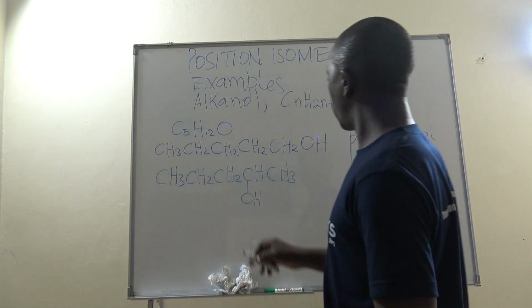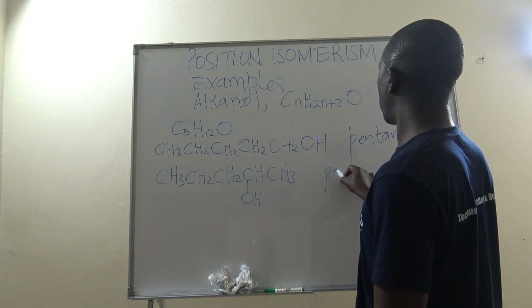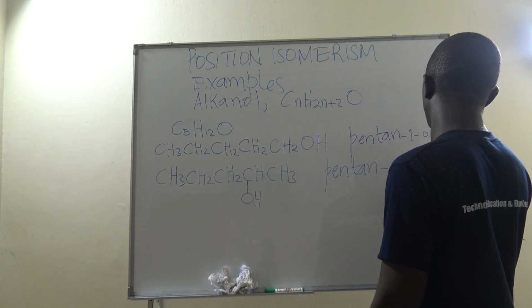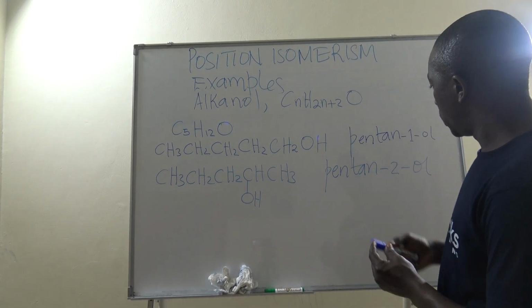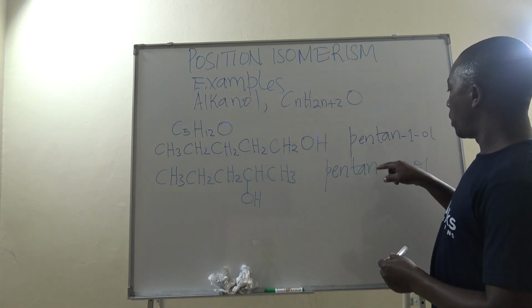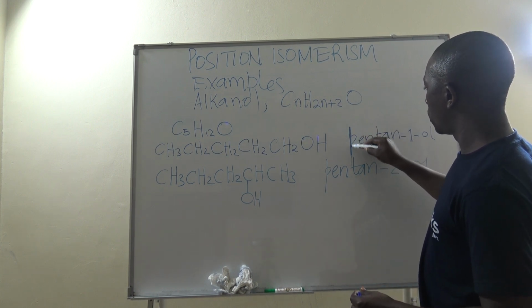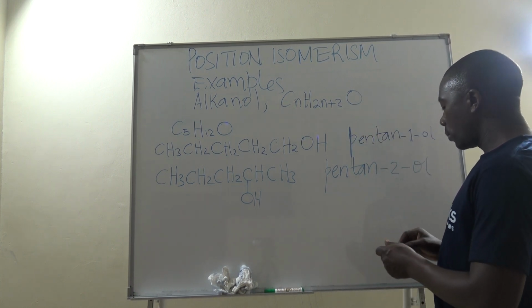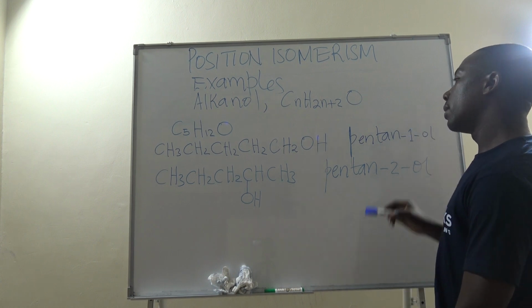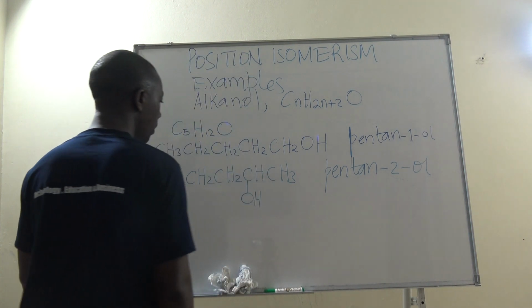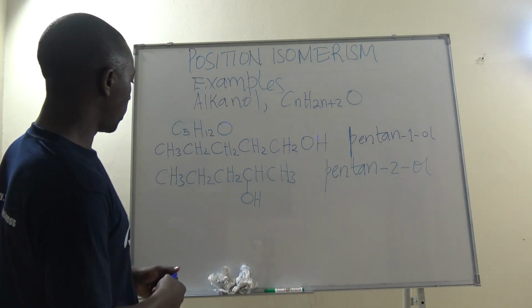So since this is now in position 2, then it becomes pentan-2-ol. So this isomer is different from the other one by the virtue of the position of the functional group. The functional group here is on carbon 2, while the functional group there is on carbon 1.